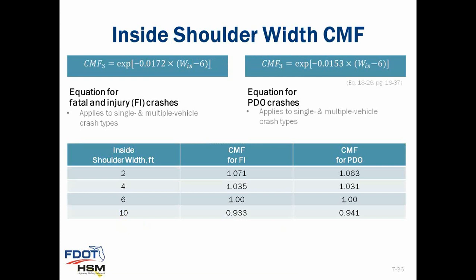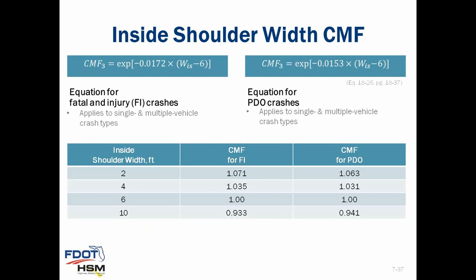This slide illustrates the inside shoulder width CMF. Two equations are shown at the top of the slide for computing the CMF value. The first equation is used to compute the CMF for fatal and injury crashes. The second equation is used to compute the CMF for PDO crashes.